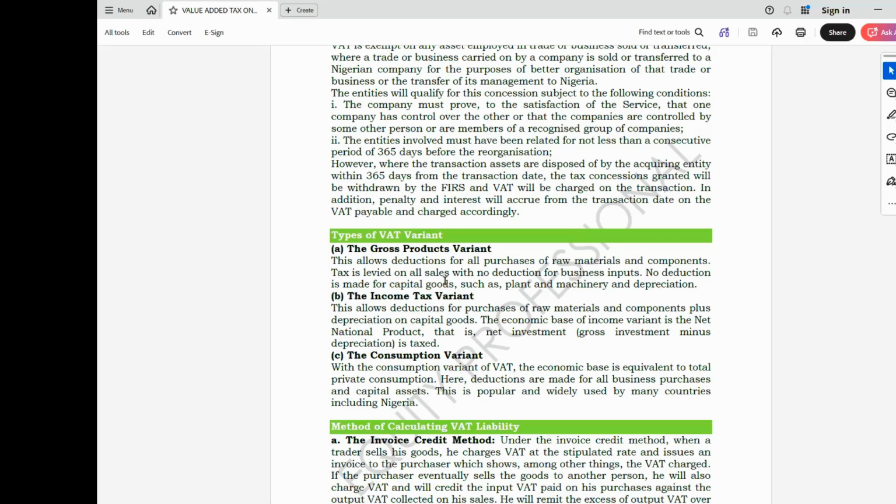They expect that you must charge VAT on all your items. Once you are consuming an item, you are buying an item, you must pay VAT.